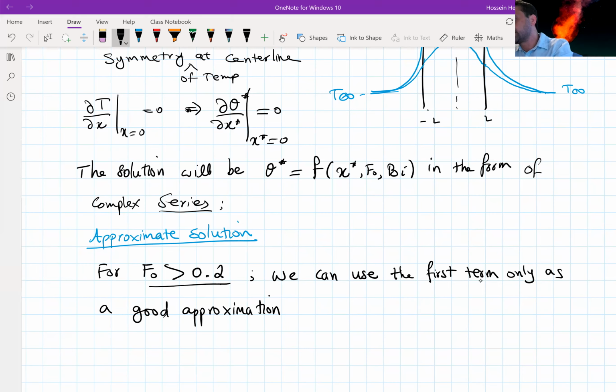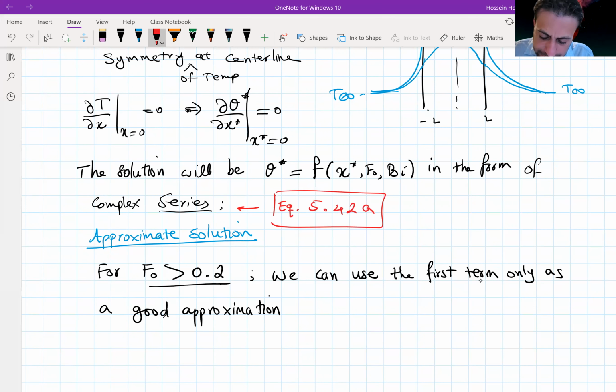So the exact solution will be equation 5.42a in the text, in the form of a series.